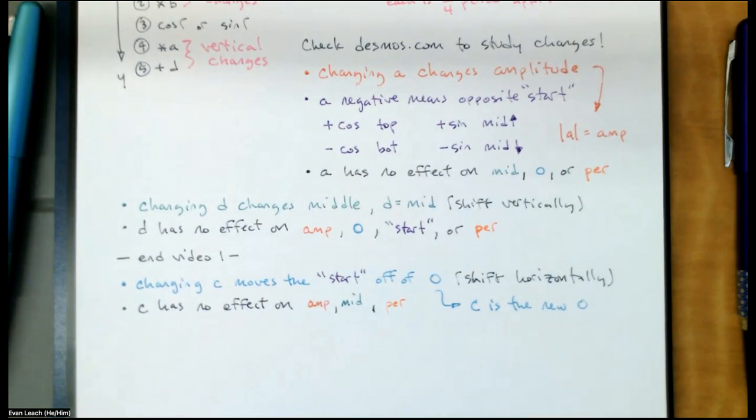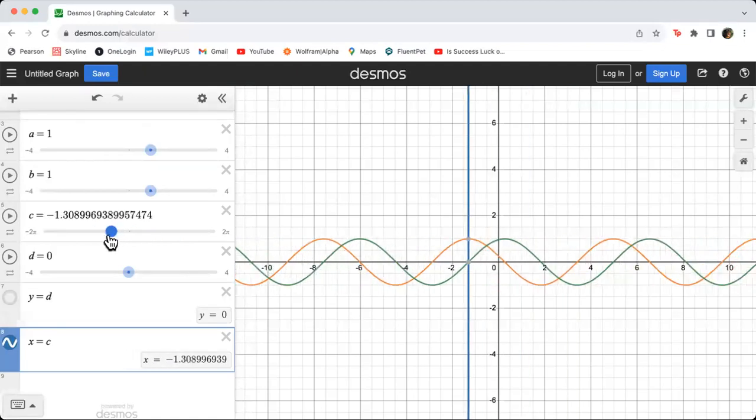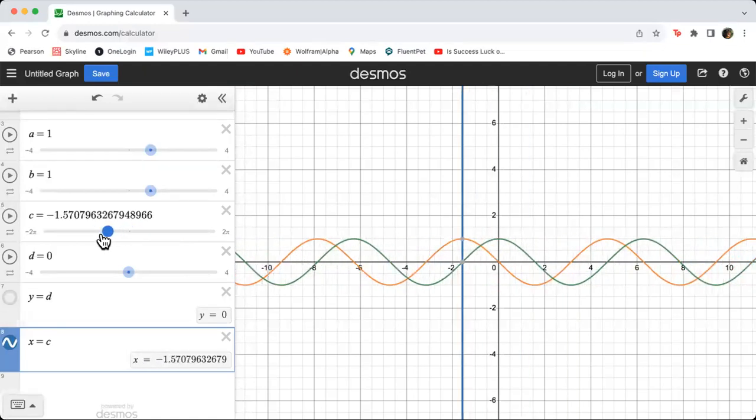So back over on the graph, when the top is here at negative pi over 2, c is negative pi over 2, we can think of that as x minus a negative pi over 2. So in the equation, it would say x plus pi over 2. And that would be a shift to the left of pi over 2.